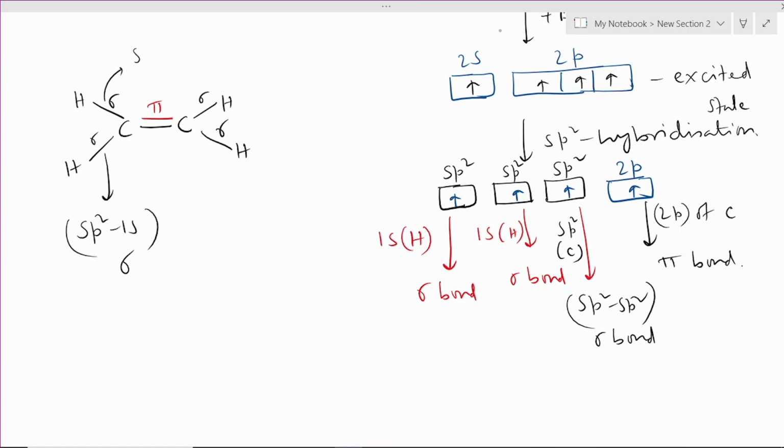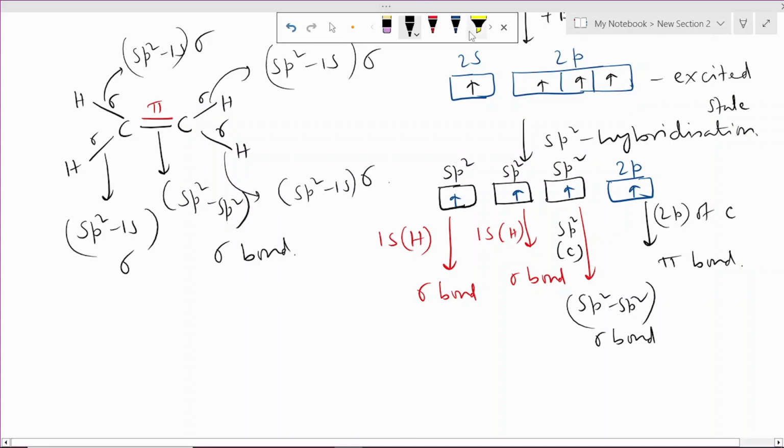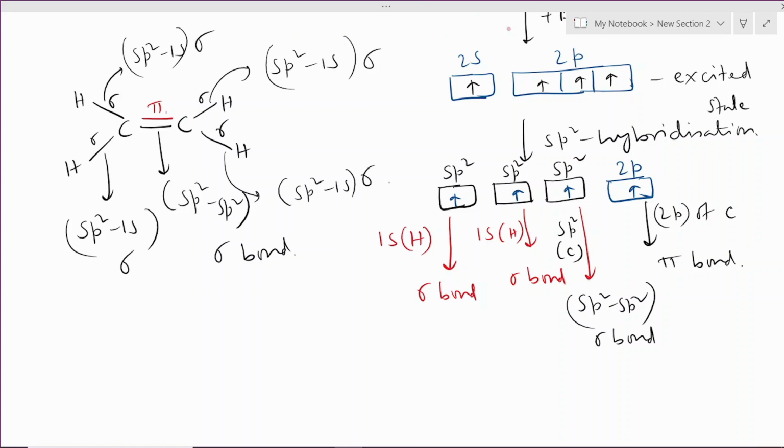This also sp2-1s. Similarly, this also sp2-1s. This is sp2 sigma bond, and this is 2p pi bond.